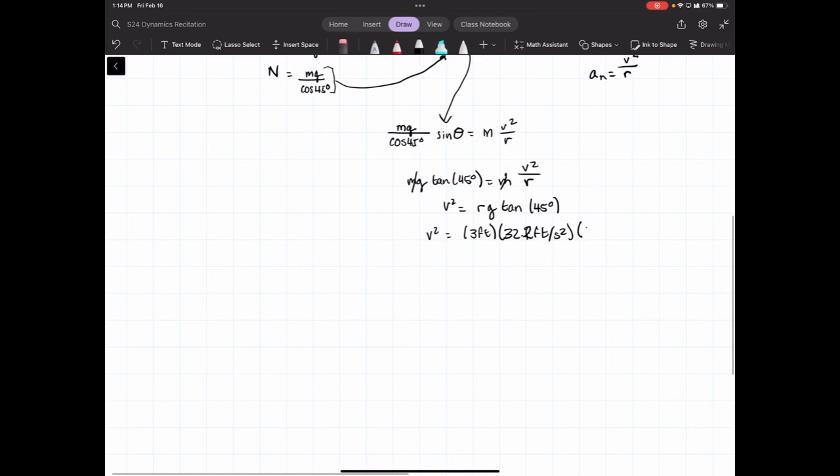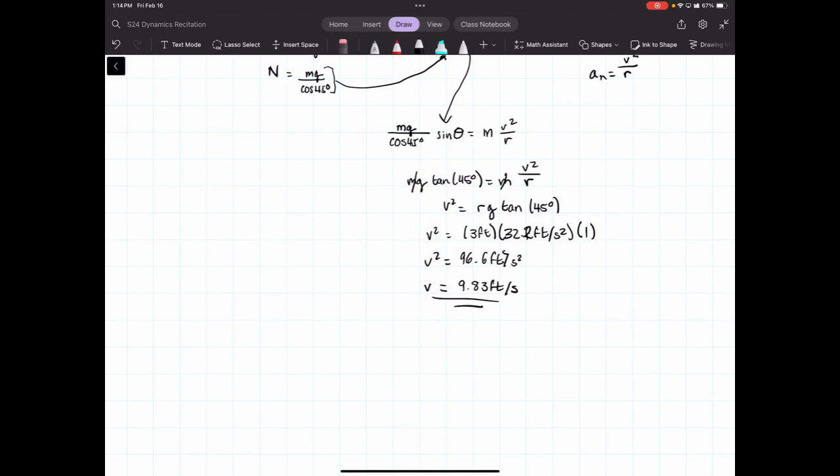So this is just 1. So we get v squared is equal to 96.6 feet squared per second squared, and then velocity is equal to 9.83 feet per second. Okay. So that's the first part.